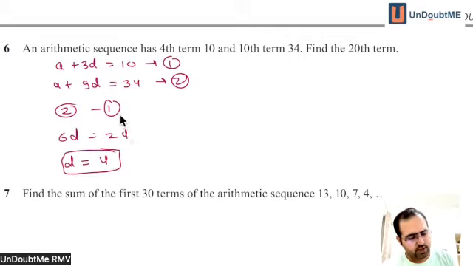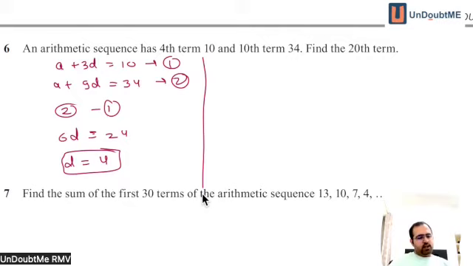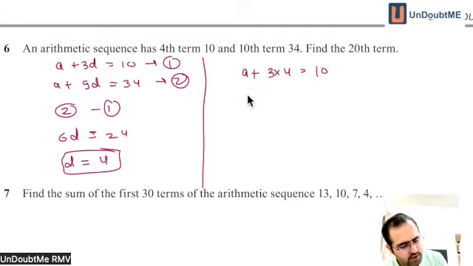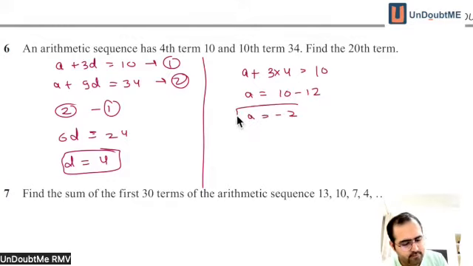So all of you can check the value of d. It should come out as 4. Then you can put it in any of the above equations to get the a value. So it will be a plus 3 times 4 is equal to 10. The value of a, that is the first term, is 10 minus 12, which is minus 2.